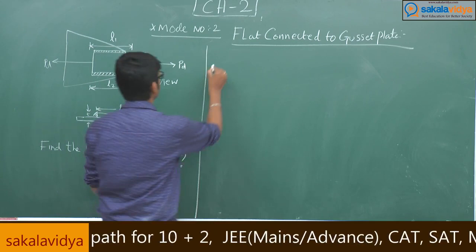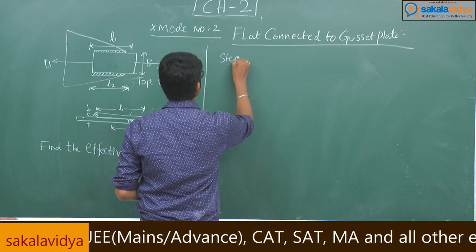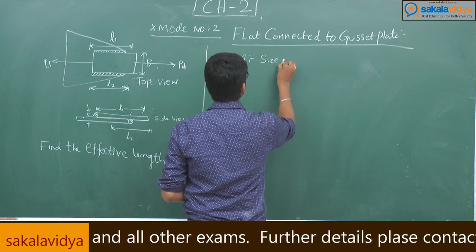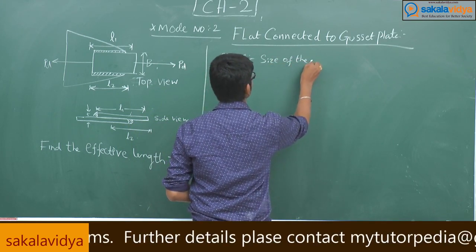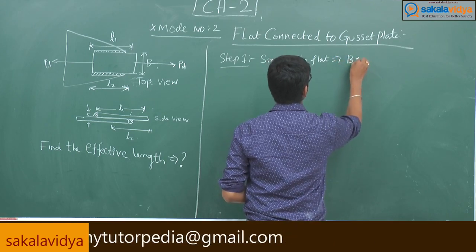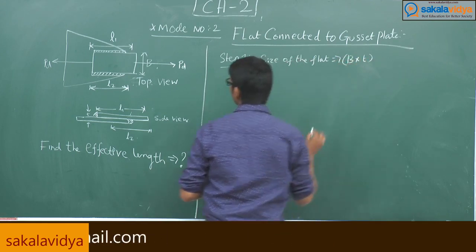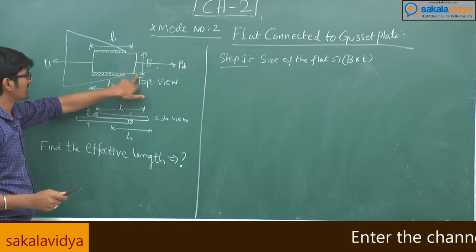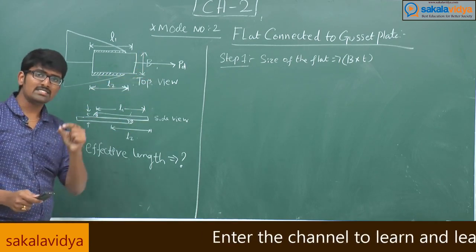Step 1, size of the flat, that is B into T. B is nothing but the breadth of the plate, that is from here to here, and every plate has its own thickness.